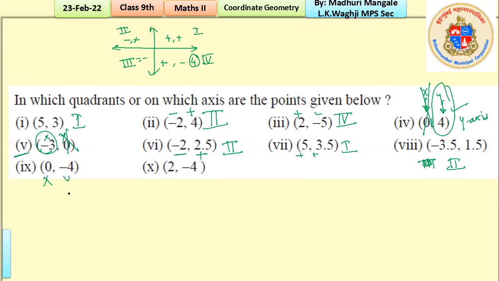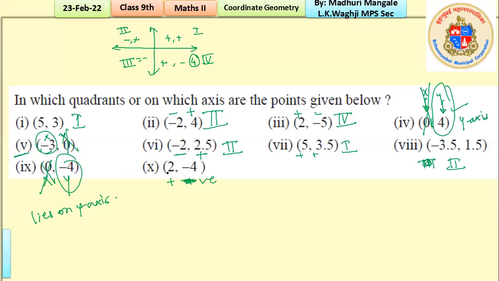So x is 0, y is -4. X is 0, forget about it. We have y equals -4. That means the point lies on the y-axis. And lastly, a positive and a negative is in the fourth quadrant.